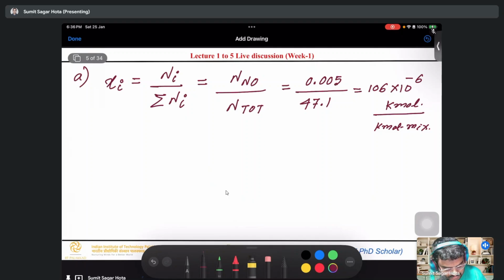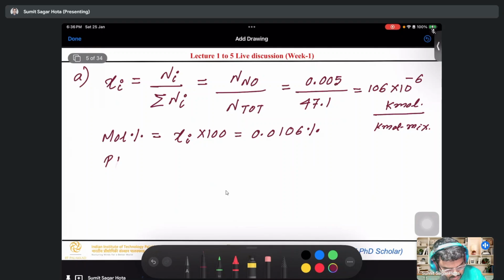Now what is the mole percentage? The mole percentage is equal to chi i into 100, which is 0.0106 percent.